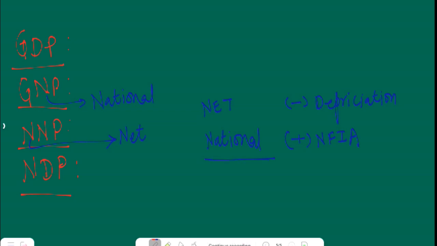For understanding it deeply, we'll have to understand three more technical terms, which are factor cost, base price, and market price. Factor cost is the total cost which we paid for making a product, like it is total cost, original cost of the product.